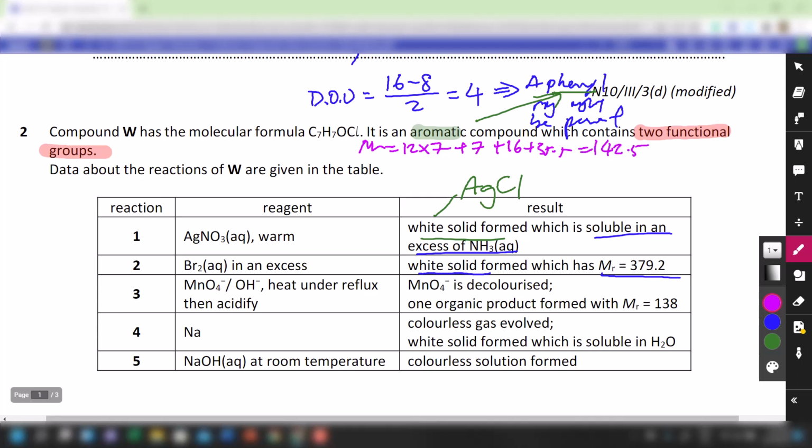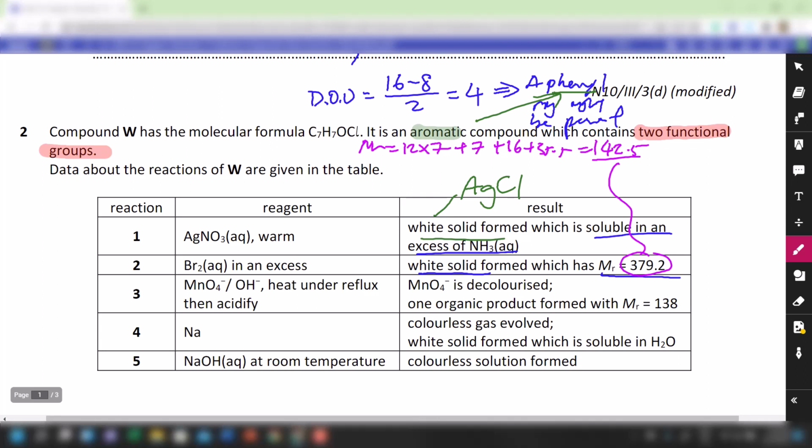You notice that it jumps from 142.5 to 379.2. So I would expect some form of substitution or addition to take place. But since we know that there is no C=C double bond, it's definitely not an addition reaction, so it's likely to be some form of substitution reaction.